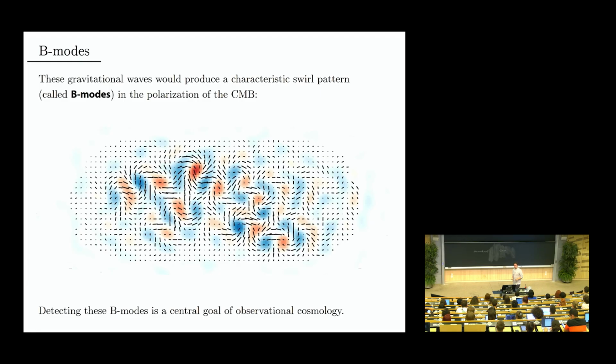And there's a second mode that creates a curl pattern, a swirling effect, which is what you're seeing in this simulation. Actually, it's not just a simulation. This used to be a measurement. Some of you might have heard about this terrible episode where cosmologists thought they had actually seen this pattern. This is the actual data from the BICEP experiment, where they thought they had seen this swirling pattern.